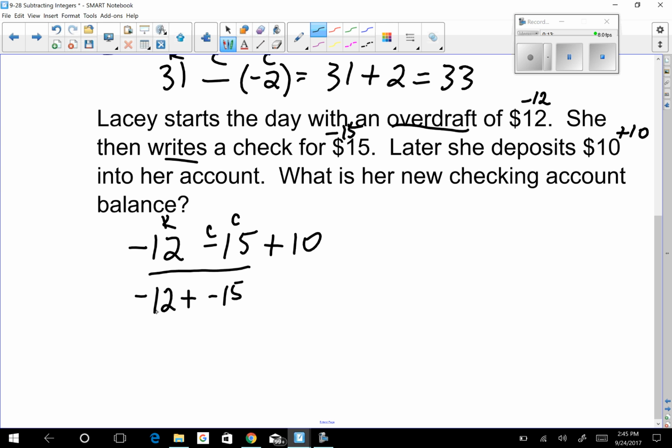That's going to be together a negative 27. And then we add 10 to that. They have different signs, so we're going to take their difference. So it's going to be negative 17 because you keep the sign of the larger number. So overall, her new balance is going to be negative $17 at the end of the day.